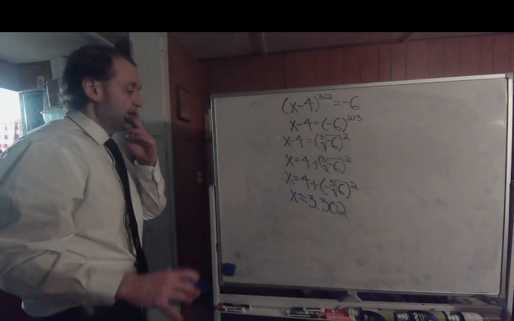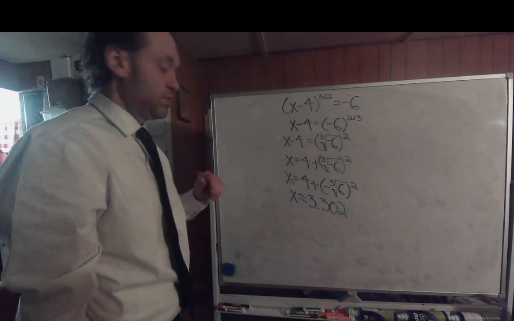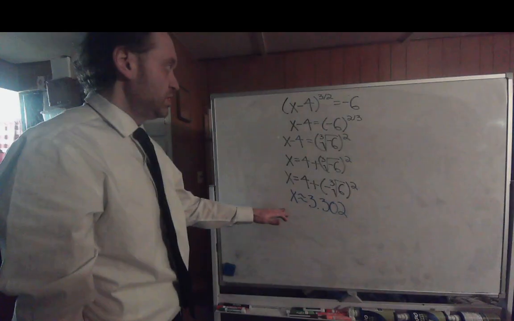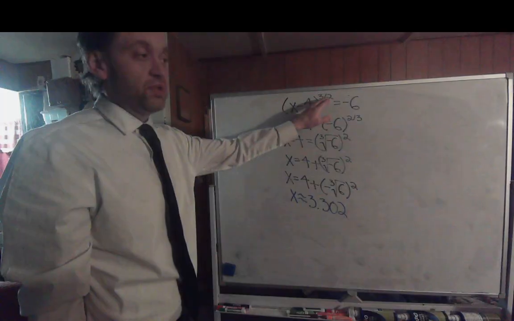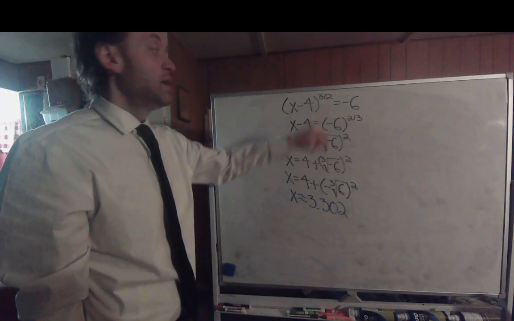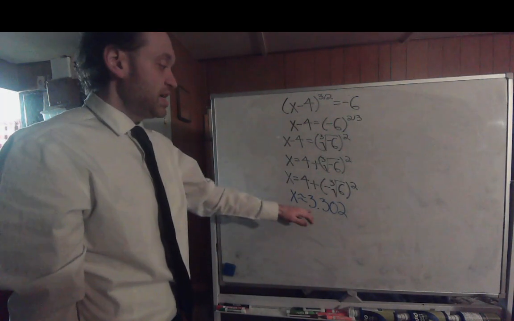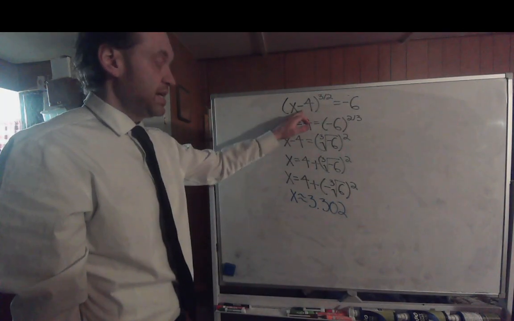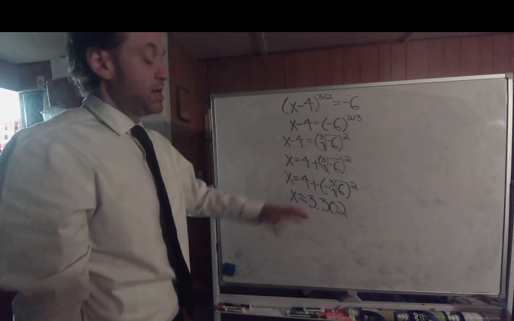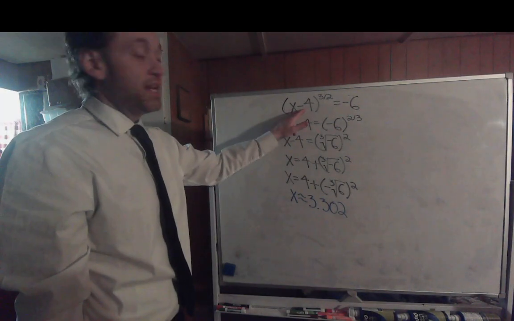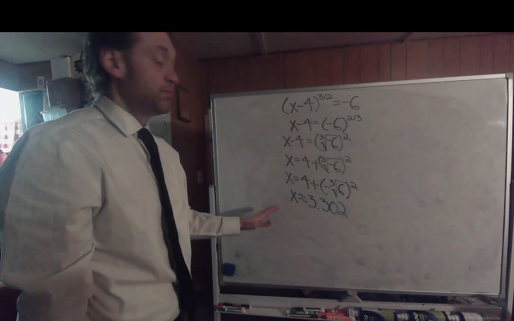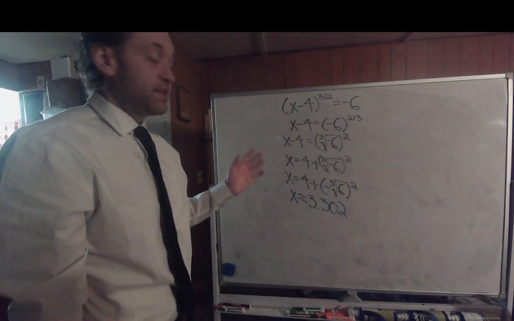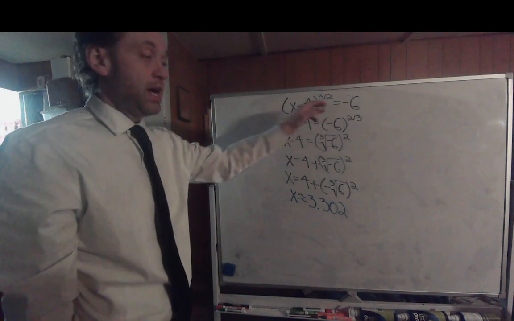Now here's the thing. We got a couple things wrong here if you put this into the original. Notice the root index in the original is 2, which means it's a square root. If you take 3.302 minus 4, you're actually going to get a negative number in the root. So it doesn't hold up because it's undefined in the real numbers for an even power root.